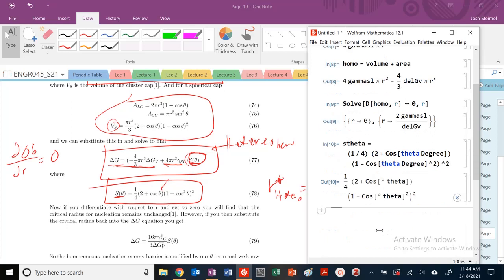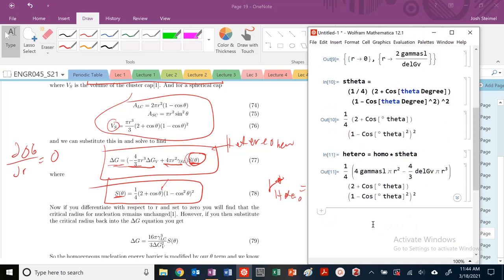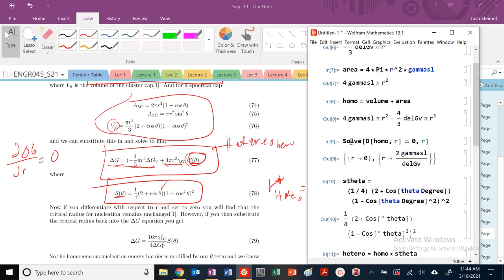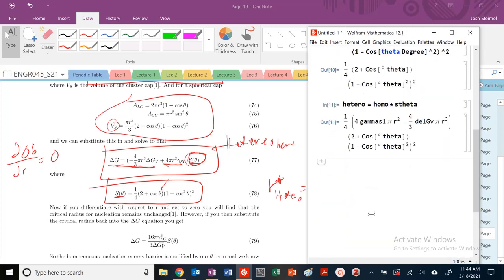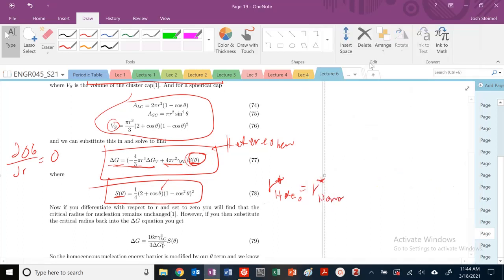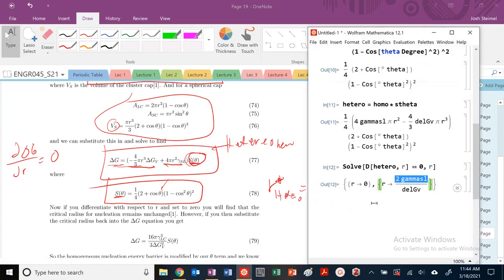So now my hetero equals homo times S theta. If I do again the same exact expression, I see that d hetero gives the same exact value. So our critical radii are exactly the same. But we were also asked for the energy here.